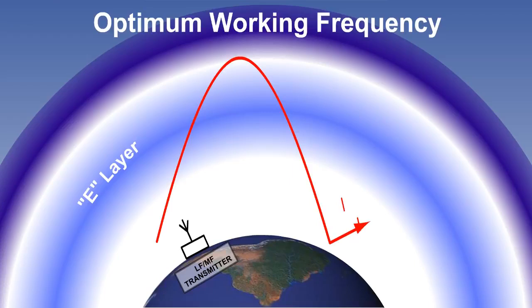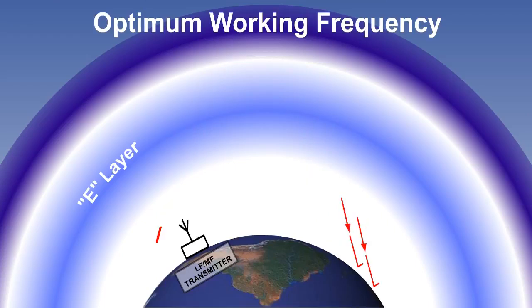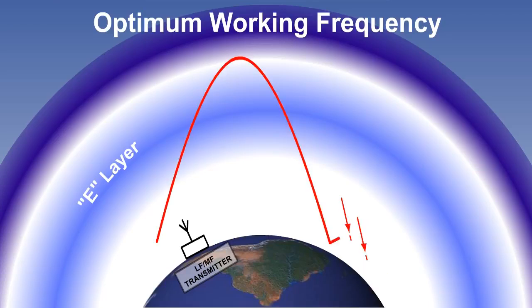However, because of the inevitable ionospheric fluctuations, a compromise frequency is used, which is called the optimum working frequency. This avoids the possibility of the frequency occasionally being too high and the skip distance being too great.